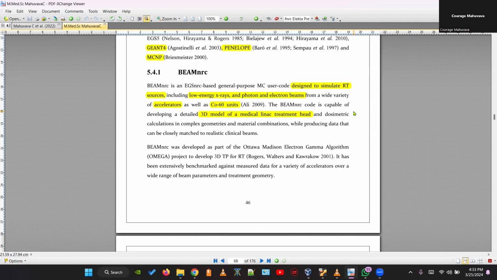So for preclinical studies using radiation, you don't want to do your research on a human being. So they do experiments on things like mice or small animals, and they do emit kilovoltage beams. So Monte Carlo is able to simulate those X-ray tubes that are used in clinical practice, or even diagnostic X-ray tubes can be simulated with Monte Carlo with BEAMnrc.